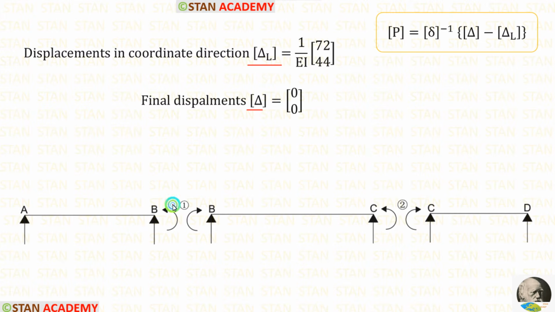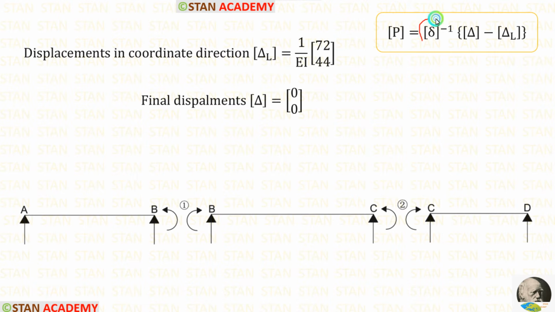In this analysis, we are having two coordinates. So inside the delta matrix, we have two values, but both of them are 0 because there is no overhanging in the given beam.